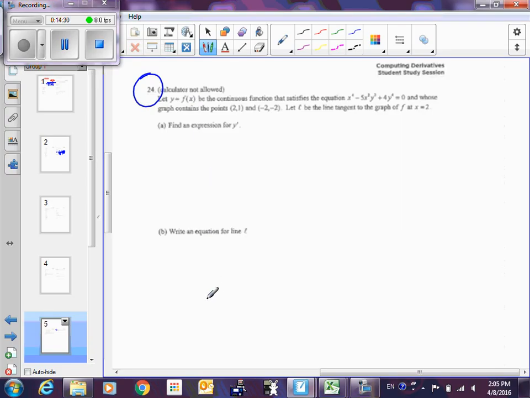Remember, these are worth 9 points. There's usually 4 parts. But for this packet, only parts A and B really pertain to what we're doing, okay? So we have this formula up here, and we got to find y prime, which, again, that's the same thing as dy over dx.